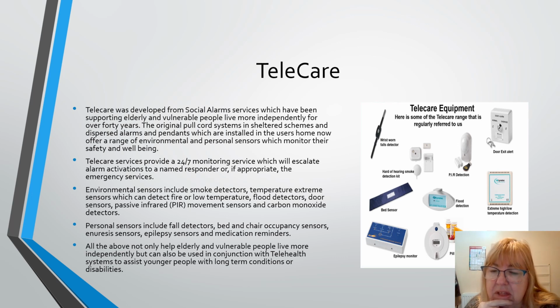Epilepsy monitors. If someone has a fit, the monitor will lie in the bed, sort of under the sheets. If someone has a fit, it will register that. It recognizes the types of movements with a fit, and it will alarm somewhere.